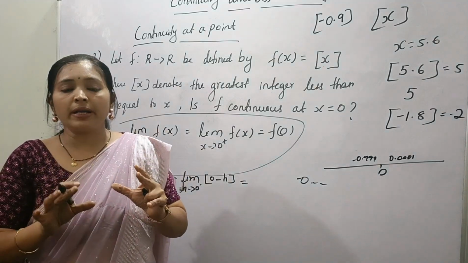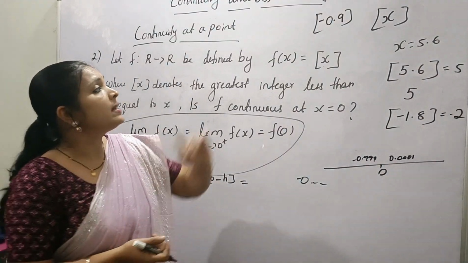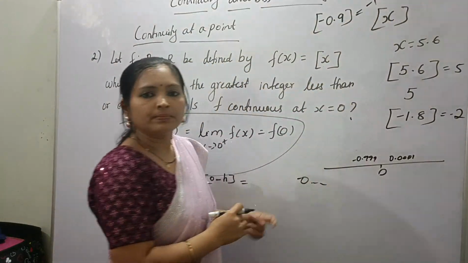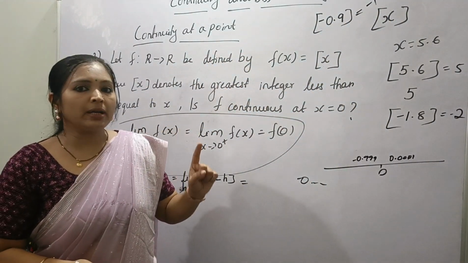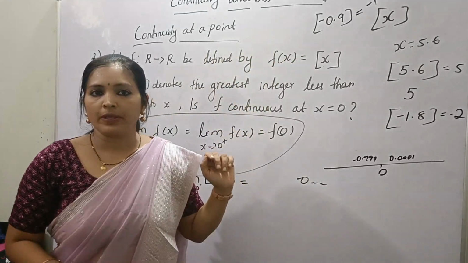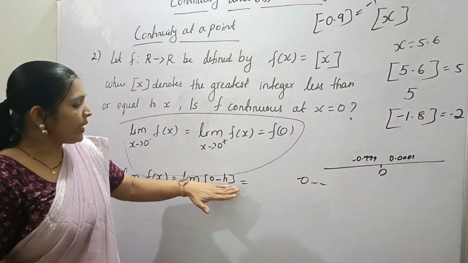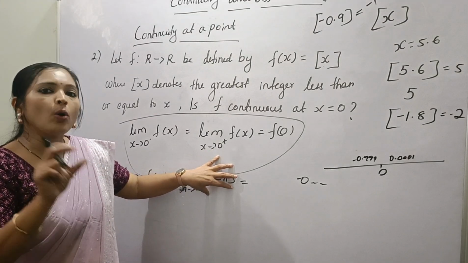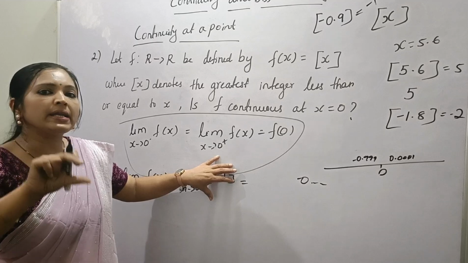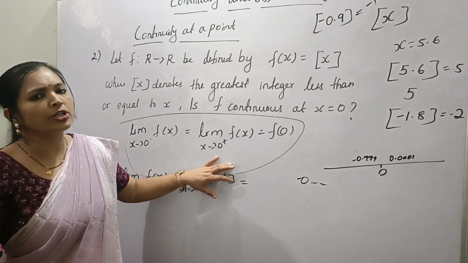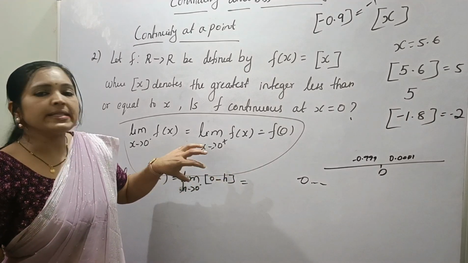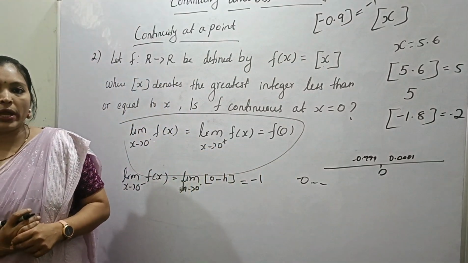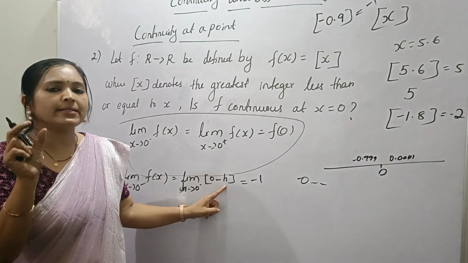The largest integer less than minus 0.9 is nothing but minus 1. So what is the greatest integer of 0 minus a small value, that is minus 0 point something, minus 0.99, whatever? That is nothing but minus 1. Here we have taken h as a small value.